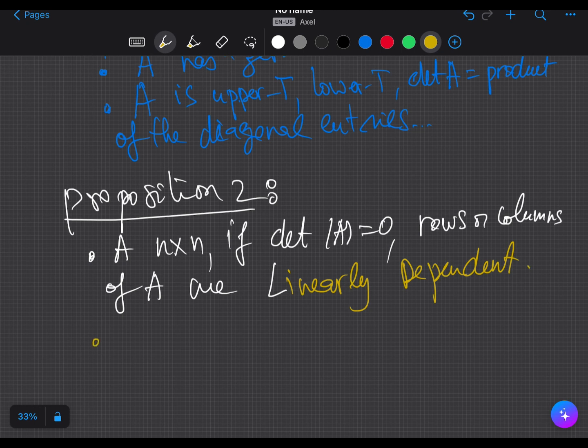And if the determinant of the same square matrix A is different from 0, then the rows or the columns of A are linearly independent.